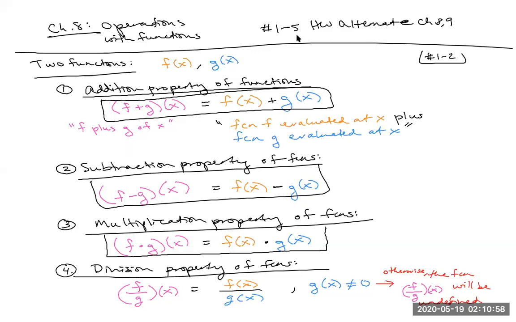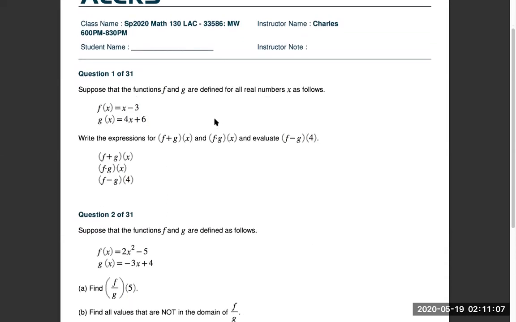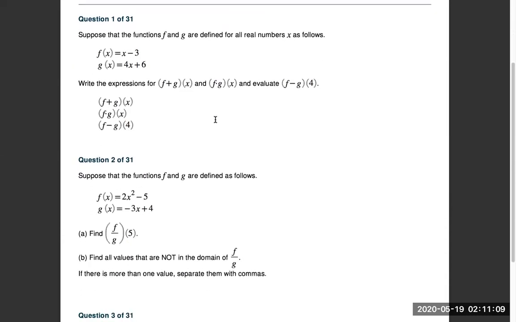So far, not off to a good start. There we go. Okay. So let's start with number 1. Play around with these windows a bit here.